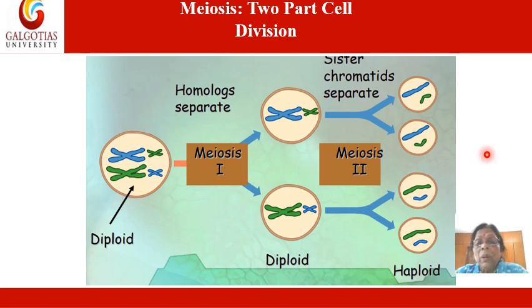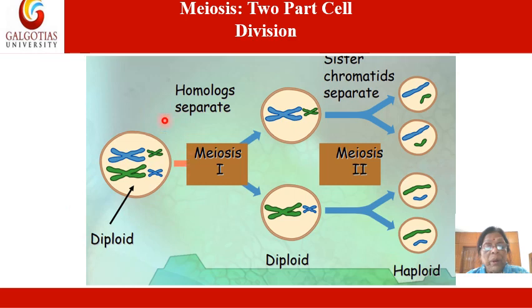Now, here we see the diagrammatic presentation explaining meiosis. This diagram shows that it is a two-part cell division.